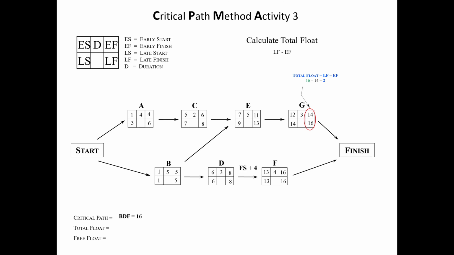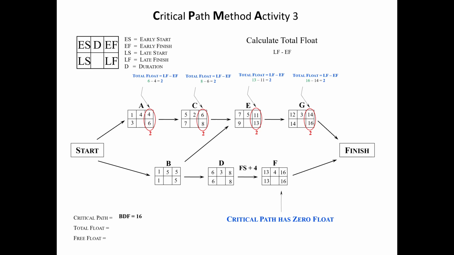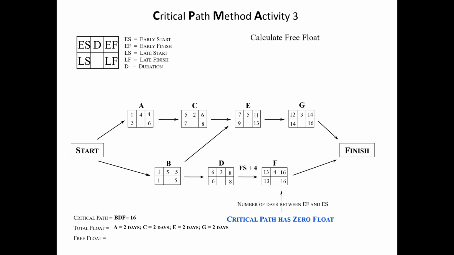And then do your total floats first. That seems to go better. So you'll have 2 total on G, 2 total on E, 2 total on C, 2 total on A. All right. And then you remember on free float, you'll have 2 on G. And that's what activity 3 should look like.